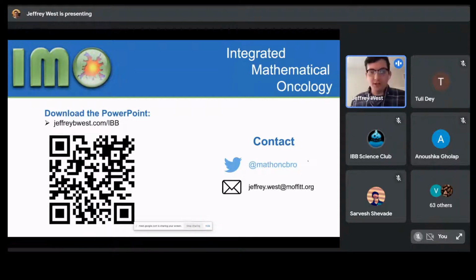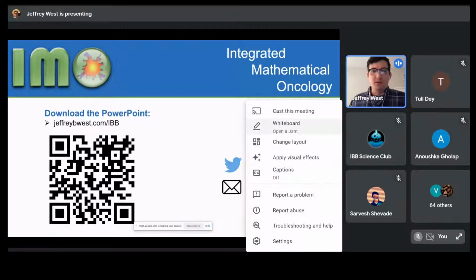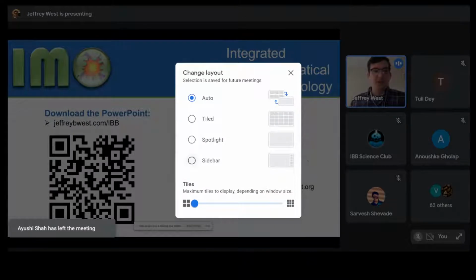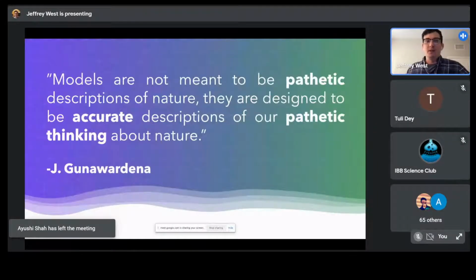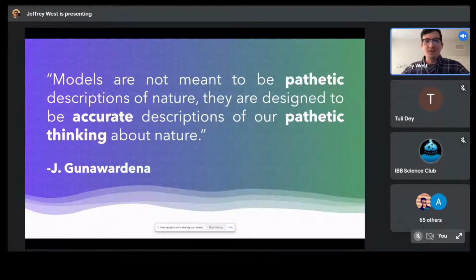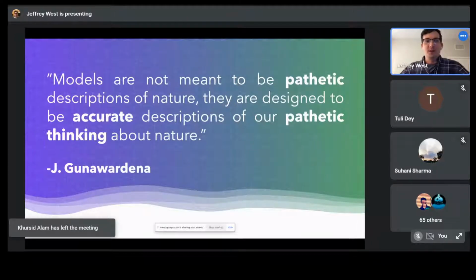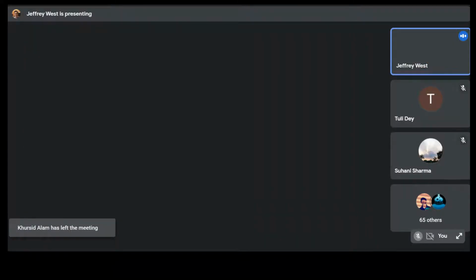Since this is maybe a bit of a broader and different audience than I'm used to speaking to, I thought I would start with some modeling philosophy. This is a fun, somewhat provocative quote about the nature of mathematical models, from a review paper I find very intriguing.